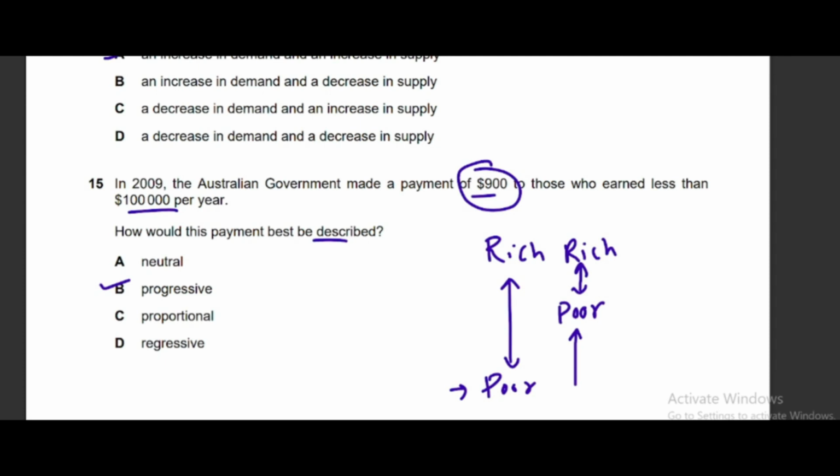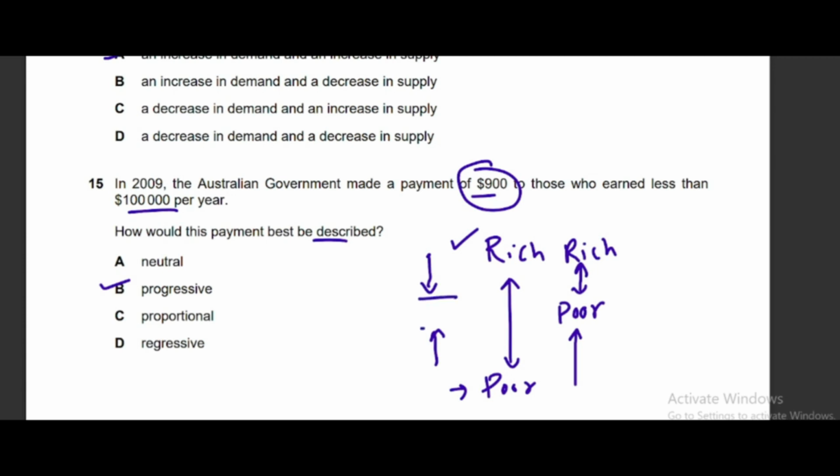In case of progressive tax, the government imposes a high tax rate on the rich class and low taxes on the poor class. So what happens then is the income of the poor class goes a little higher because they are paying less taxes, so their disposable income will increase, and the disposable income of the rich will decrease a little bit because they are paying a higher percentage of income in taxes.